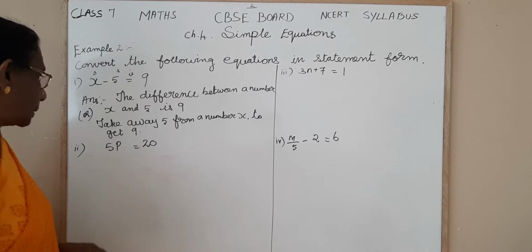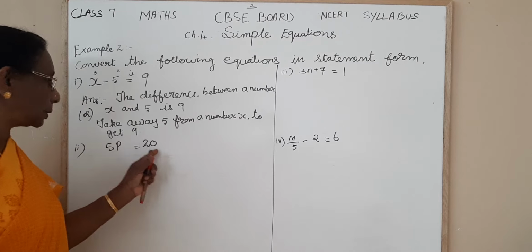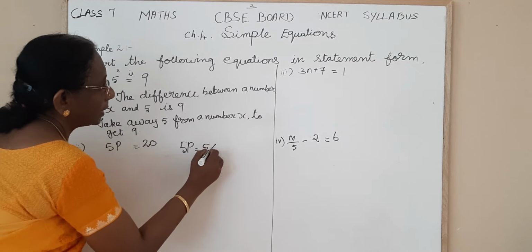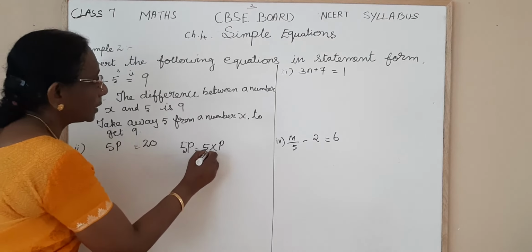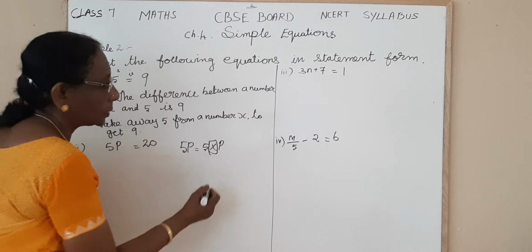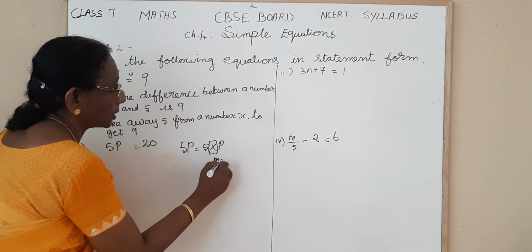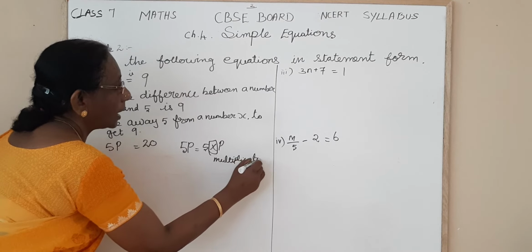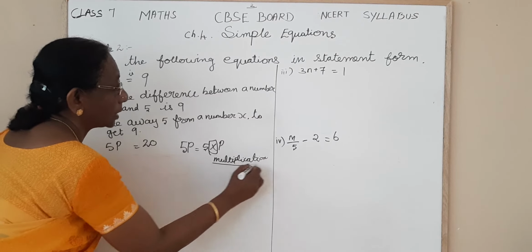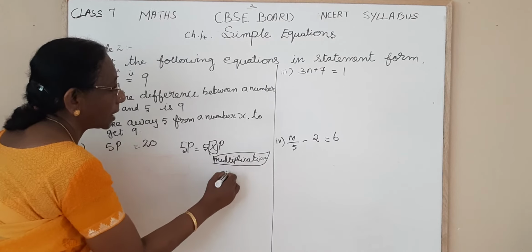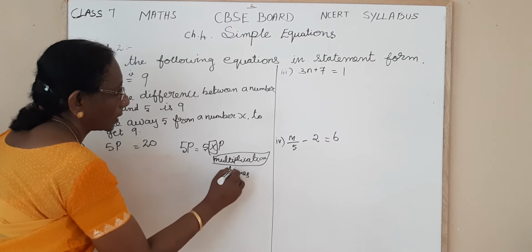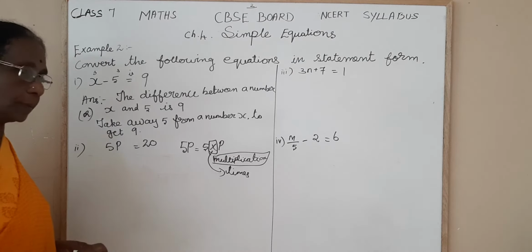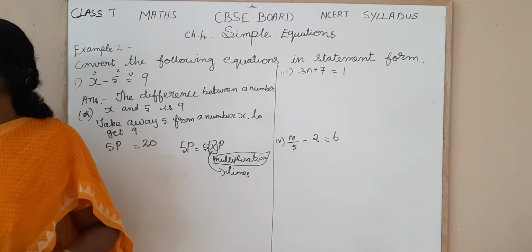Okay. The next one, 5p is equal to 20. 5p means what, children? 5 into p. For the term into, the corresponding operation is multiplication. And what is the word we use in the sentence? Times. Isn't it? For multiplication, you will use the word times. So now, how to write?